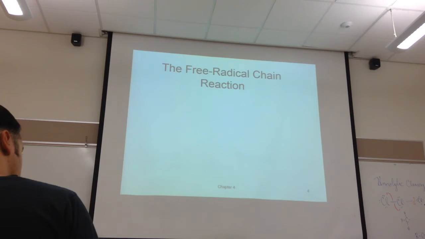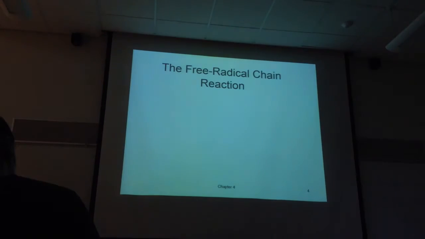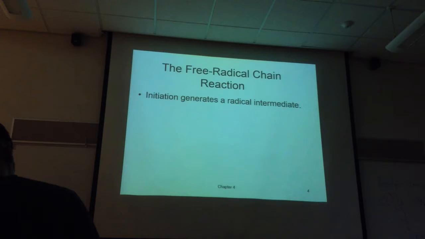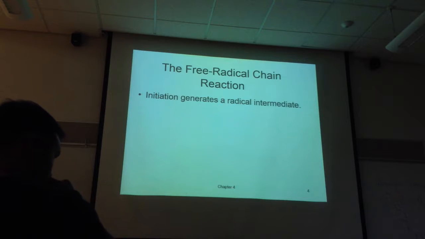All right, so in my chain reaction, the first thing that we need to do is to generate the radical intermediate. We're going to stop at each step. The mechanism occurs in 3 distinct steps. I'm just going to say it out loud so you don't copy everything.